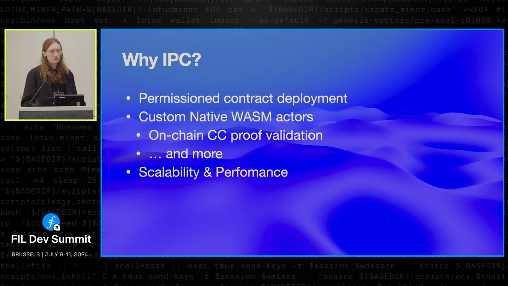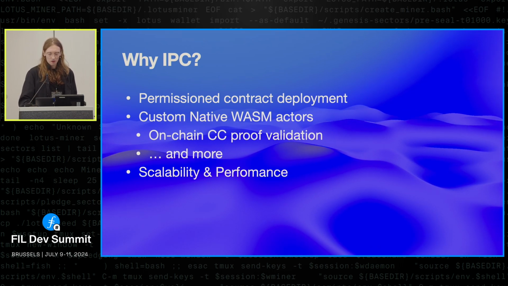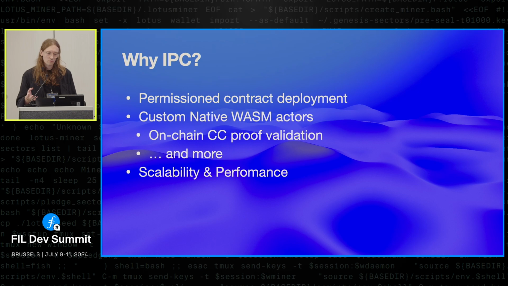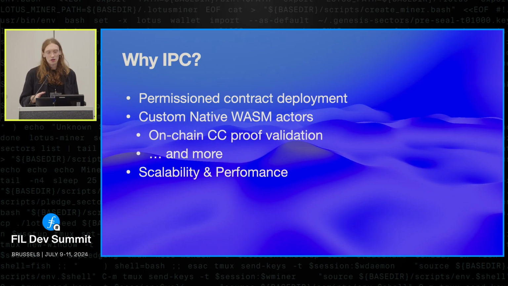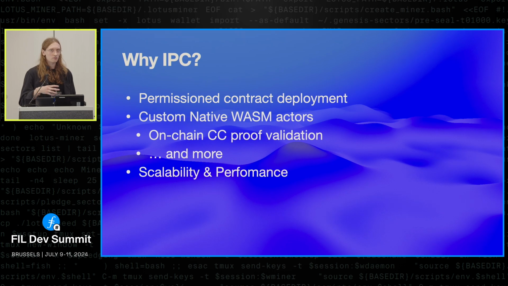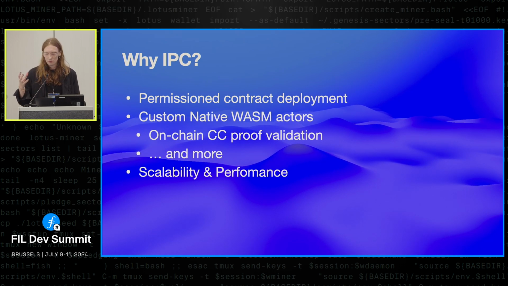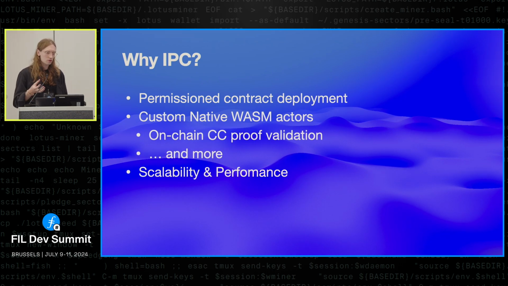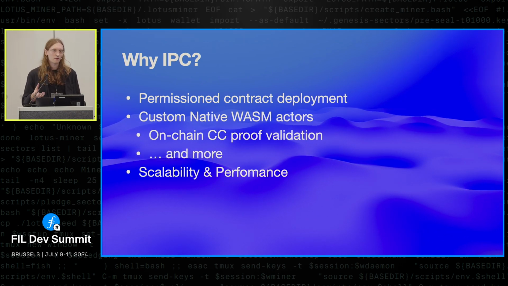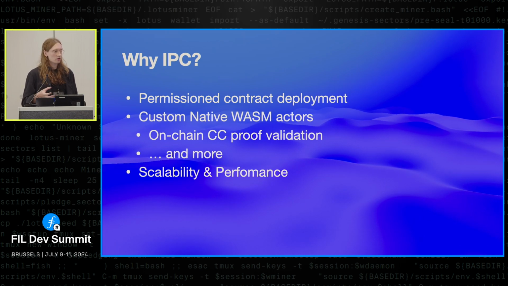So then I go to why we chose IPC for it. For validating proofs on chain, we need a huge amount of computation, and only in IPC can we do it with custom native WebAssembly actors and really check that the proof was generated correctly.